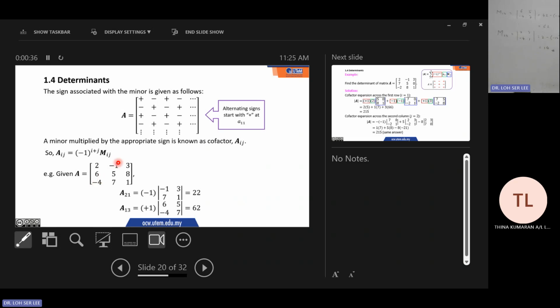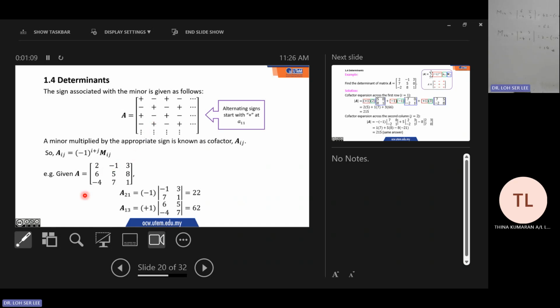The alternating sign is this one. The first location, the sign is plus. For this location, it will be minus. So plus, minus, plus, minus. So if this is minus, it will be minus, plus, minus, plus. This is the sign for the location.